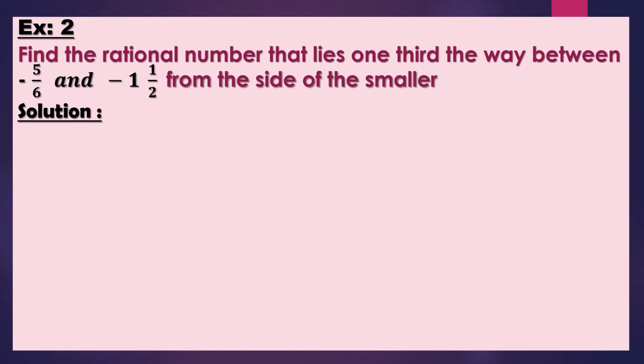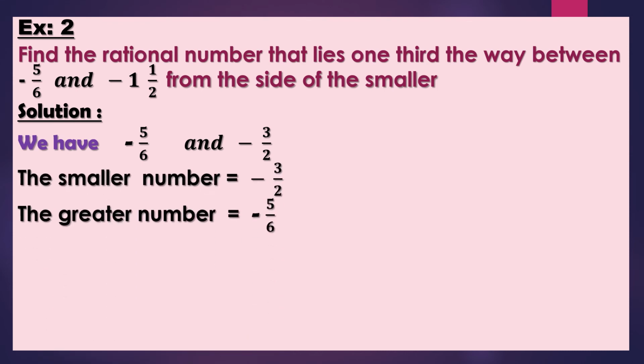We have negative 5 over 6 and negative 1 and a half. It will be in the improper form as negative 3 over 2. Which is greater of them? The smaller number is negative 3 over 2 because of the negative sign, and the greater number will be negative 5 over 6.